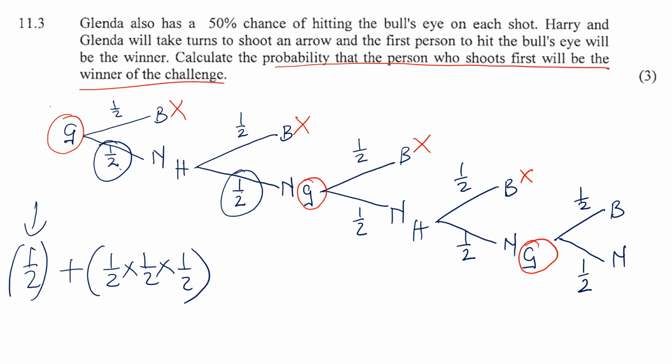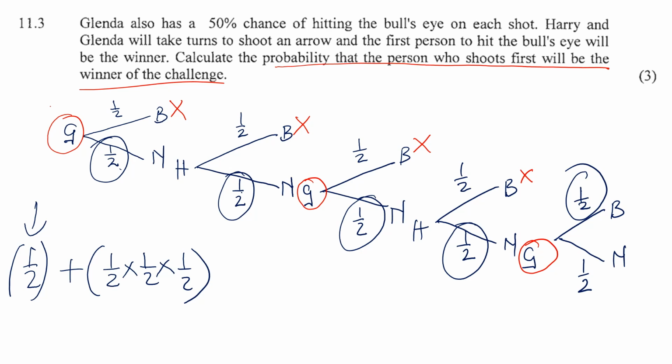But then this is another case, guys. You have now called Glenda for the third time, right? But you can see that you can determine the probability that she'll beat. Tracing it back, it's 1/2 times 1/2 times 1/2 times 1/2 times 1/2 when she beats, when she's called for the third time after missing twice.